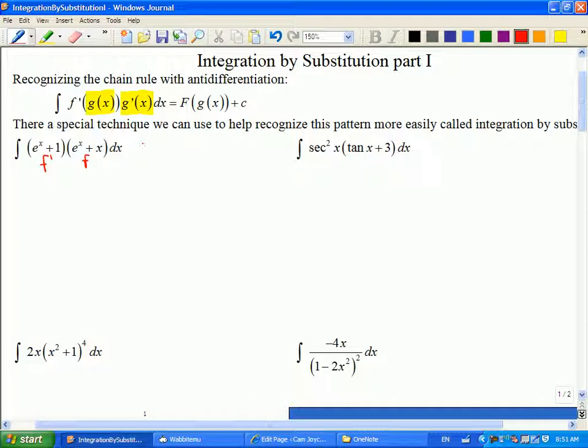So what I'm going to do is take out the function here. I'm going to say let u equal e to the x plus x. We don't normally write this, but because we're just learning this technique, it's the function that I'm trying to take out.